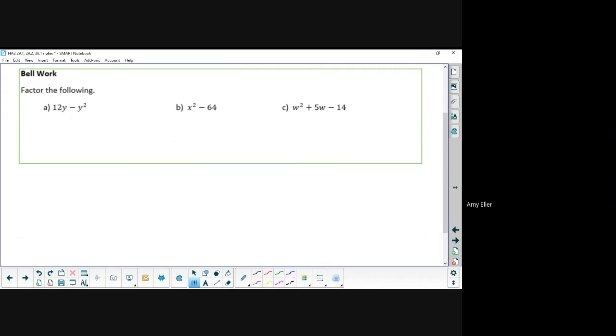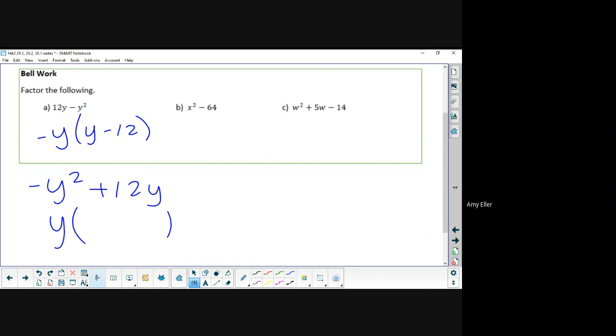Jillian, what do you think for B? Okay. Negative y times the quantity y minus 12. So maybe you decided to write it in standard form first. That's a good idea to write your y squared, then your y. They both have a y in common, so I take that out. A lot of times we do take out a negative. That's optional. If I take the y out, divide by a negative, it gives me y.